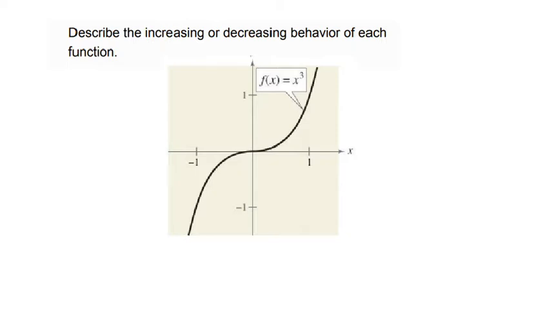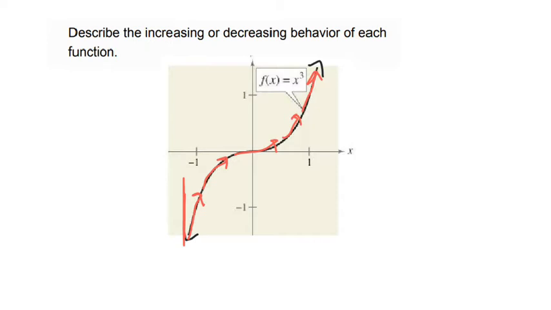This says describe the increasing or decreasing behavior of each function. So this function, if I start here at the left, from left to right it's going up and up and up. Not quite as dramatically there, but it's still going up. So this entire function is increasing.